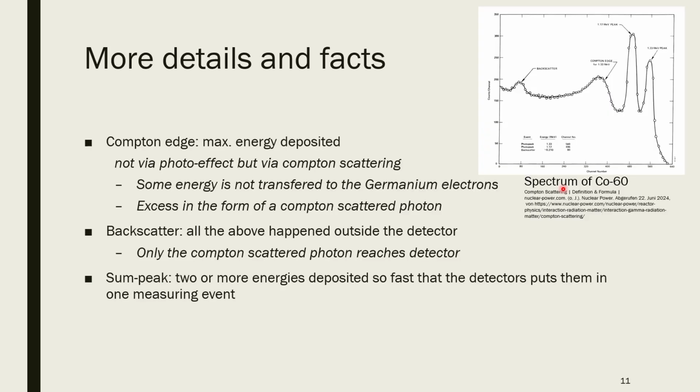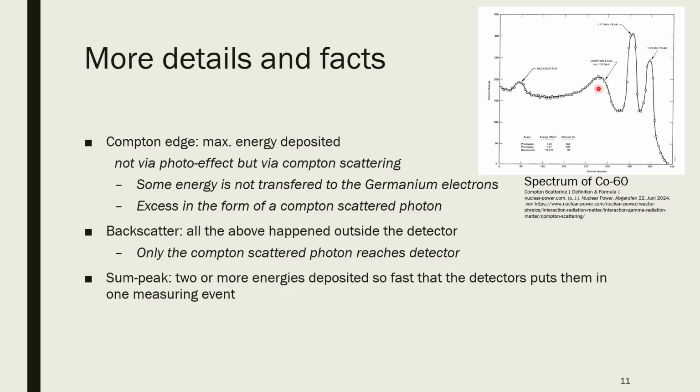More facts about the gamma spectrum. If you just look at one peak, for example, cobalt-60 or cesium-137, you could see before every peak a correlating Compton edge. This marks the area where there is the most amount of energy deposited in the crystal without a photo effect.